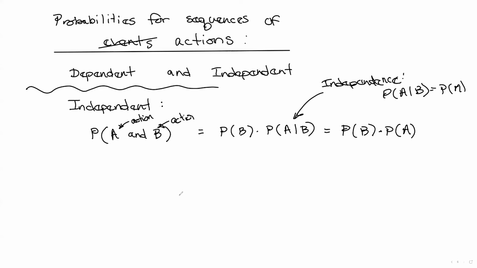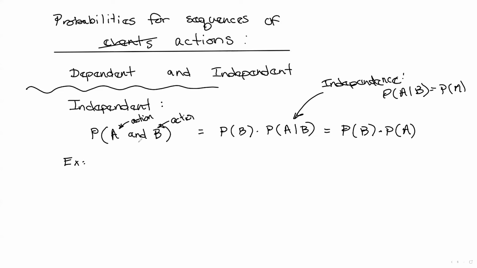So that's the wonder of independence. When you have independence, it's very simple to calculate the probability of sequences. You just need to multiply by the probability of the events happening individually. All right, so let's look at an example of that.